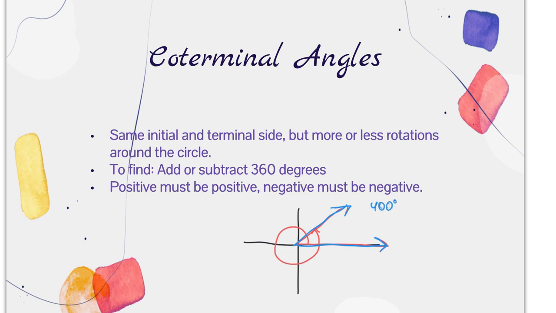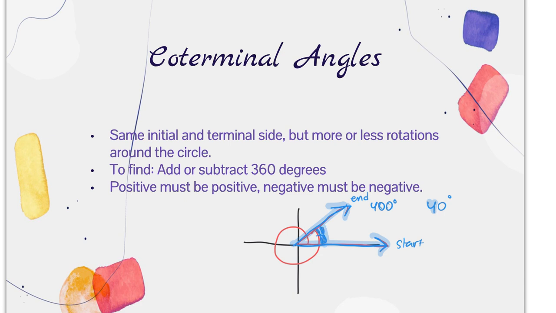Well, guess what? A 40 degree angle, if I'm going to draw that, a 40 degree angle would also have that exact same beginning and end. Okay, so 400 degrees and 40 degrees are what we call coterminal, because they both start here on the initial side and they both end here on the terminal side, and they form the same space here.